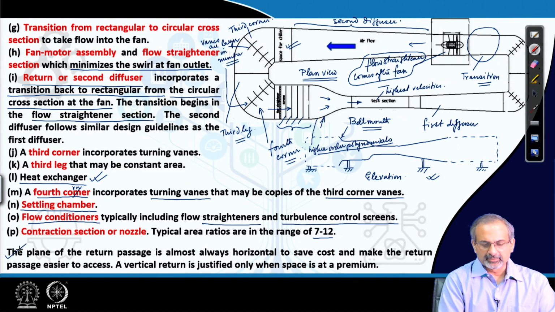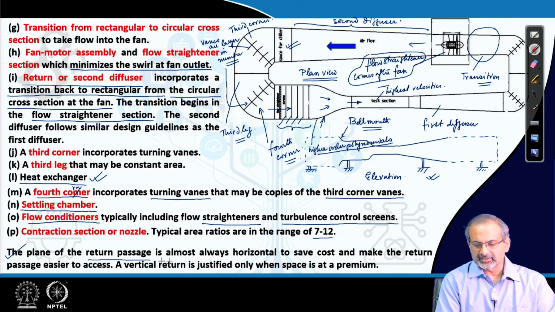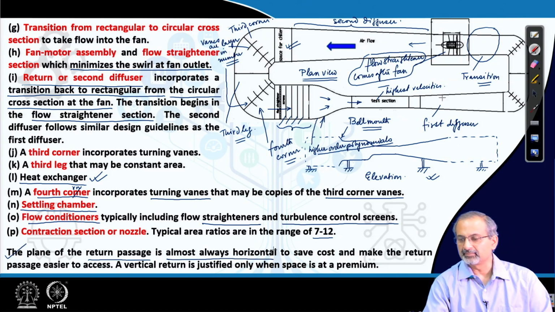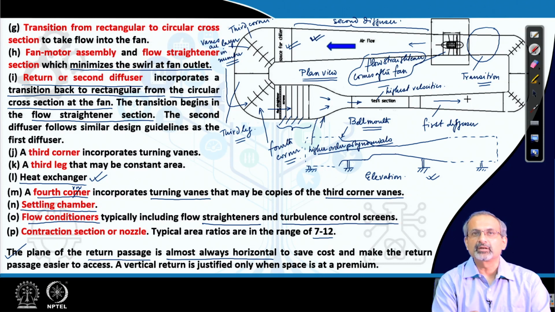As we said earlier, the plane of the return passage is almost always horizontal. That means, the return passage, though we see it is above the passage which is containing the test section portion, but remember that it is in plan view and it is not to be interpreted as an elevation view. Therefore, it is actually horizontal.